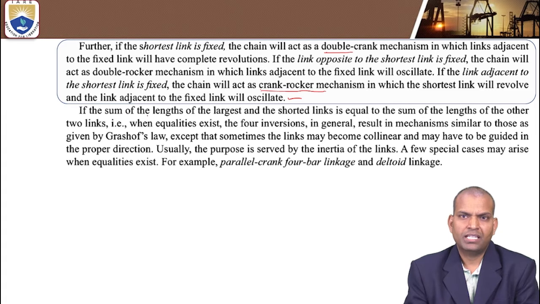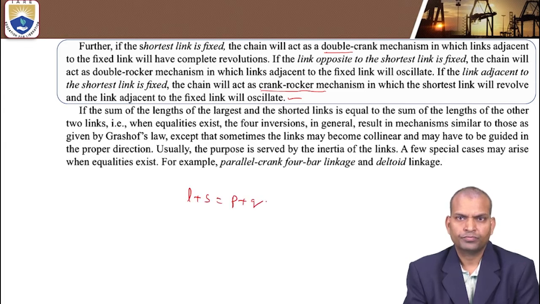If the sum of the lengths of the longest and the shortest links is equal to the sum of the other two, L plus S equal to P plus Q, then it is called a parallel crank.